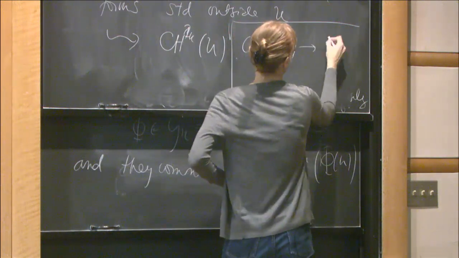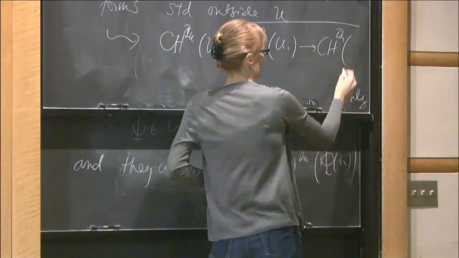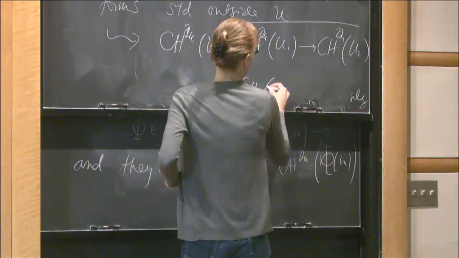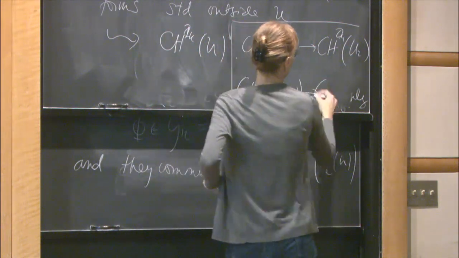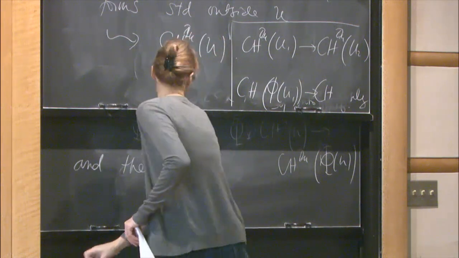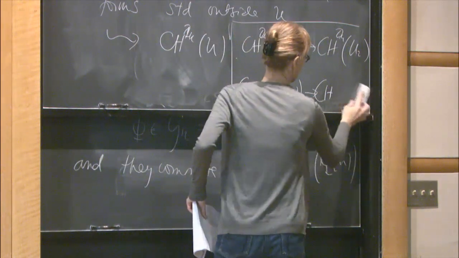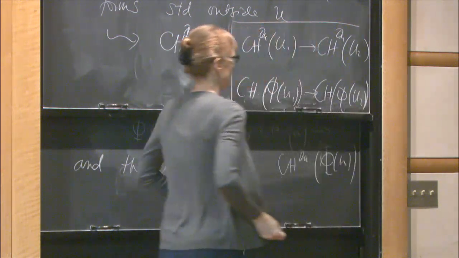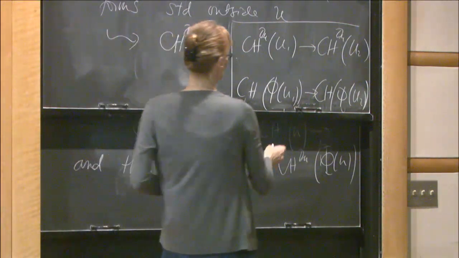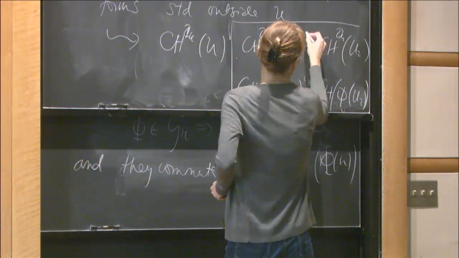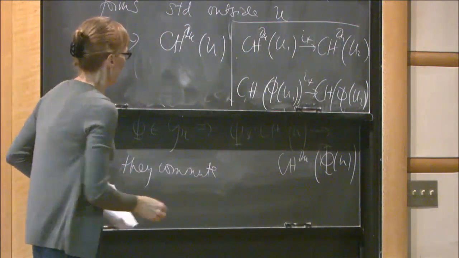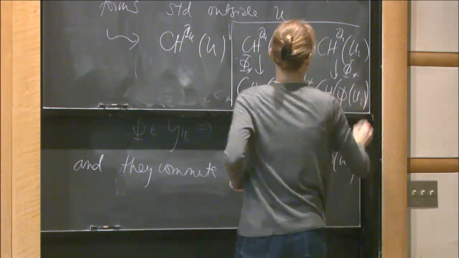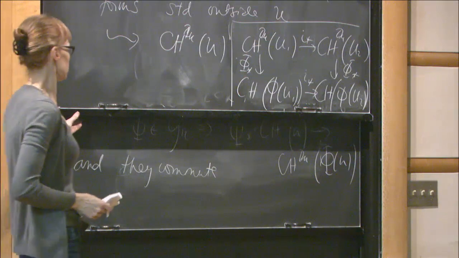So we have U1 mapping to the vector space for U2, and likewise psi of U1 into the vector space for psi of U2. So here it's via inclusion, and then psi star, and that diagram commutes.